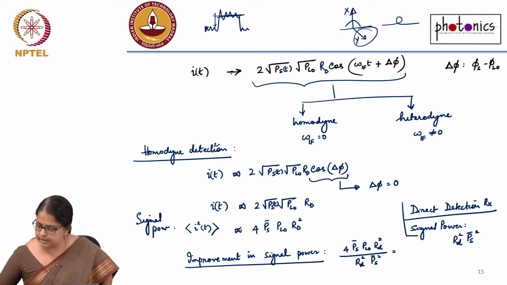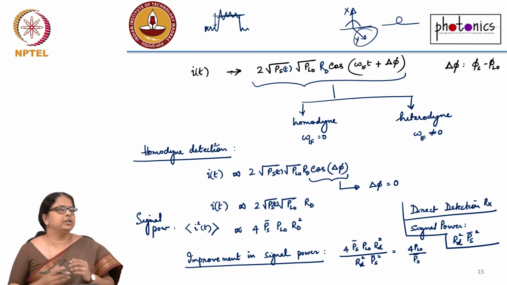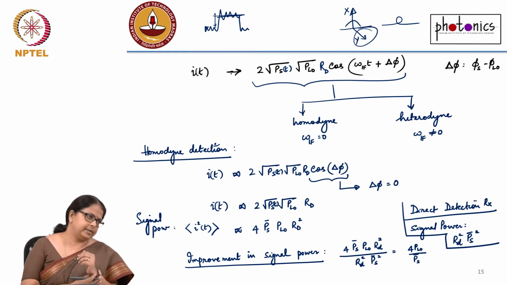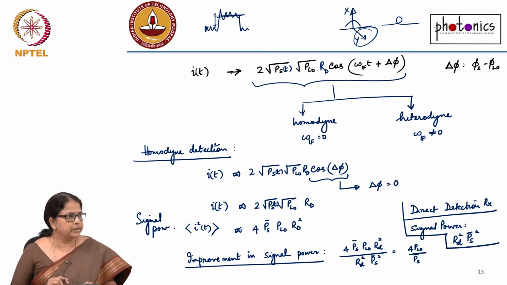So, the improvement is 4 times PLO divided by PS. So, I get a much larger signal power at the receiver, and the larger my local oscillator power, the more my signal power.